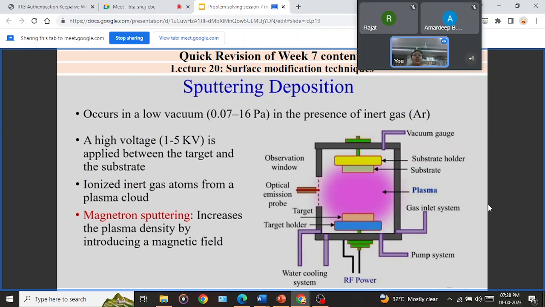A high voltage of around 1 to 5 kilovolt is applied between the target and the substrate, and these get ionized. Ionized inert gas atoms form a plasma cloud. This is also known as magnetron sputtering, in that it increases the plasma density by introducing a magnetic field.